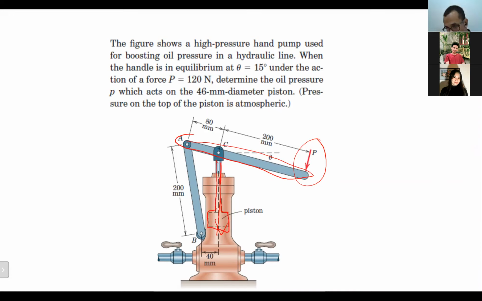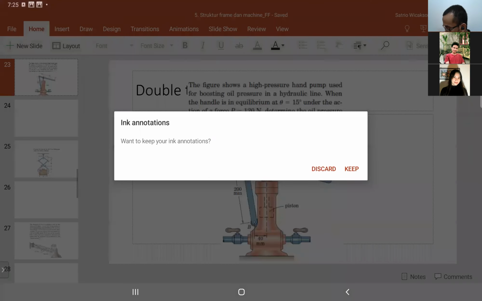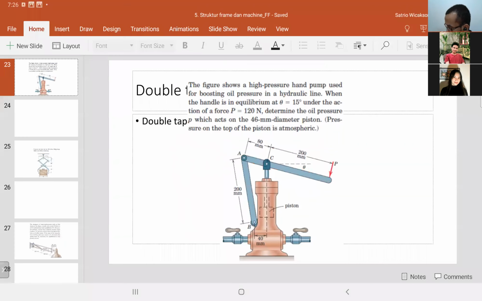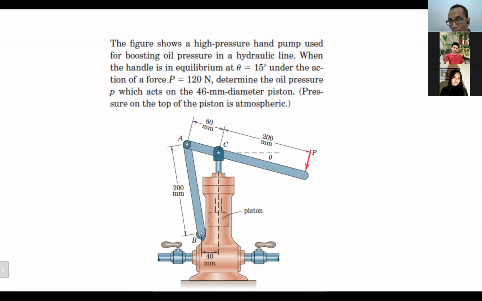In this case, because the force is going down, it will be moving down as well.